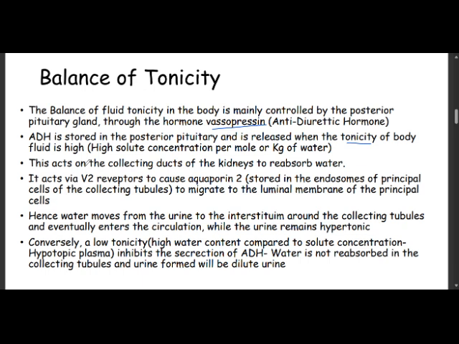When there is a high amount of tonicity, that means there's a high solute concentration, more solute than there is water in that particular compartment. So you're going to have to dilute that solution.